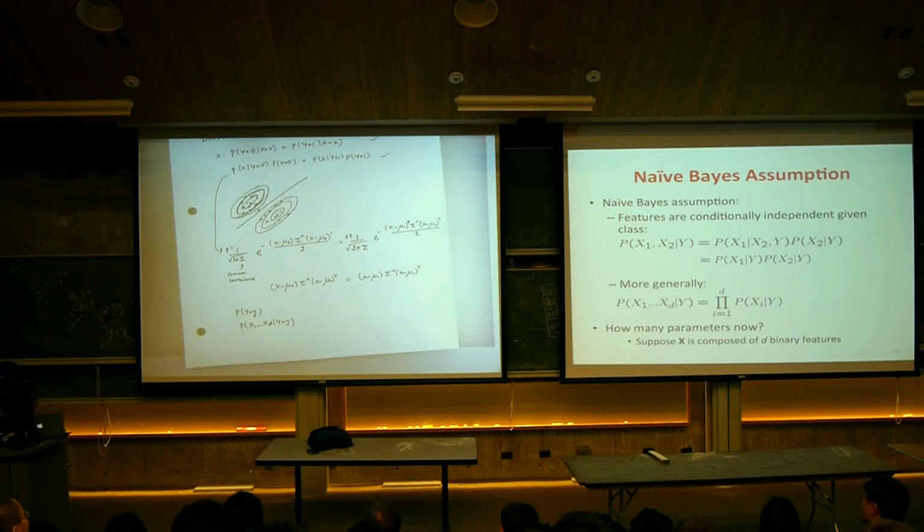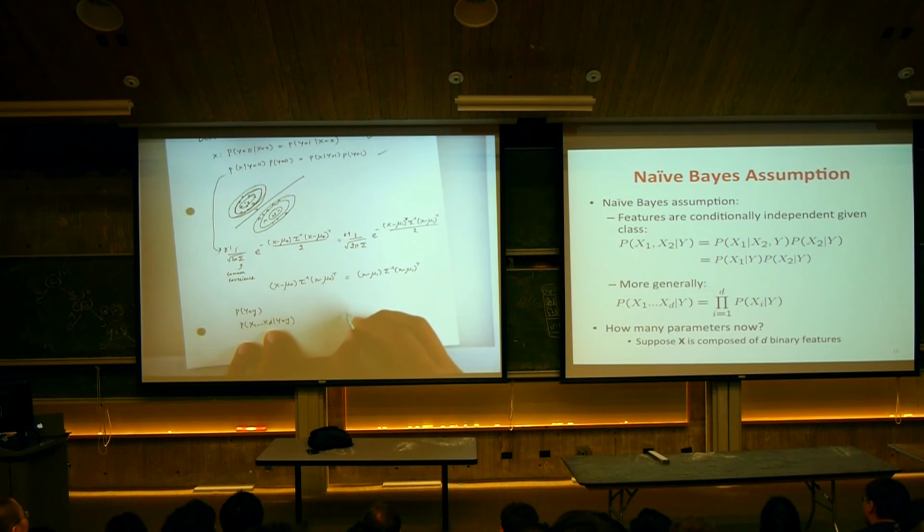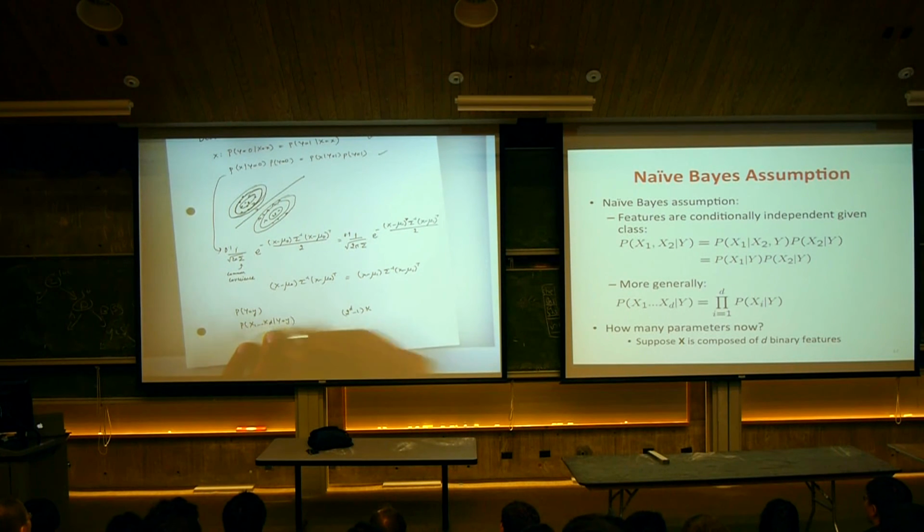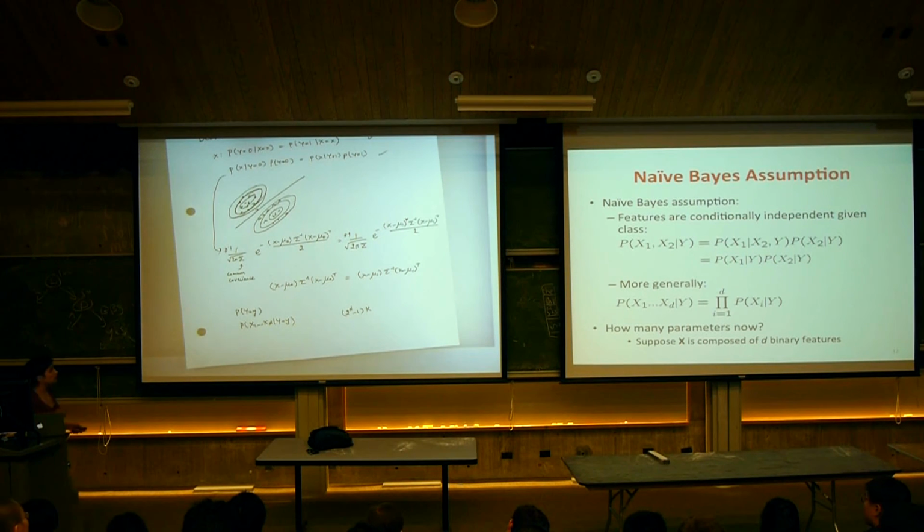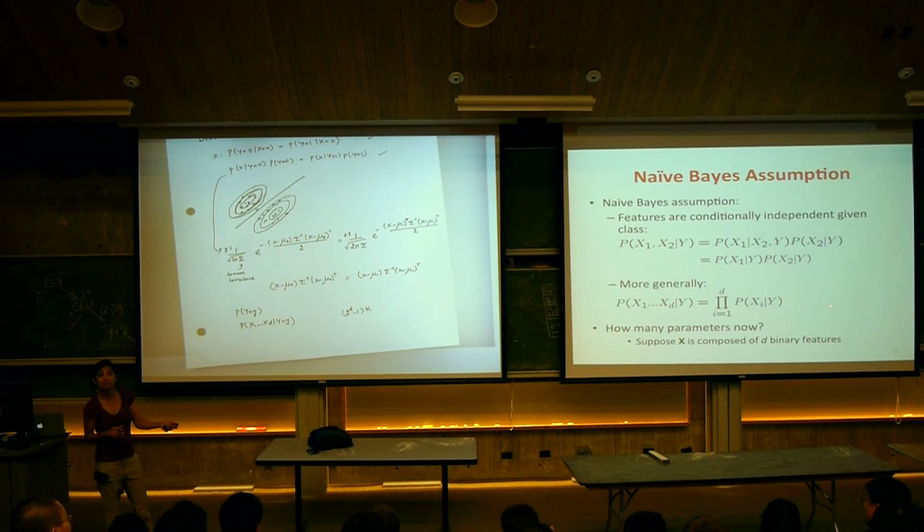If you remember earlier, there are d features. So we said there are 2 to the d possible values they can take. Each can take yes or no, or sunny or rainy, and so on. We needed 2 to the d minus 1 because they all have to sum to 1, times, for each class, we needed that many parameters, right? So this was the number of parameters we needed earlier. What happens now if we can rewrite this as the product of individual marginals?